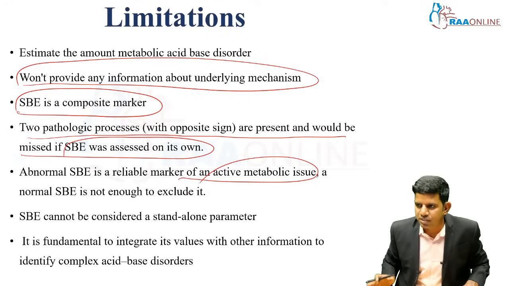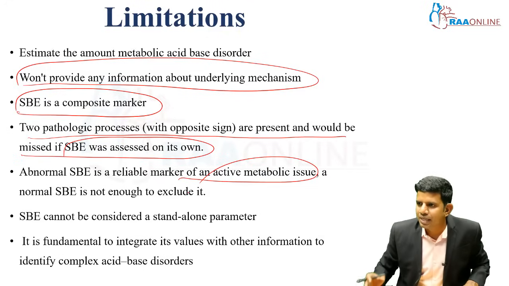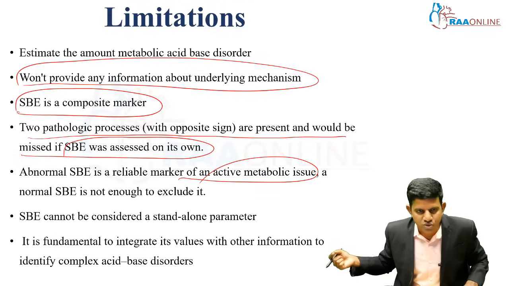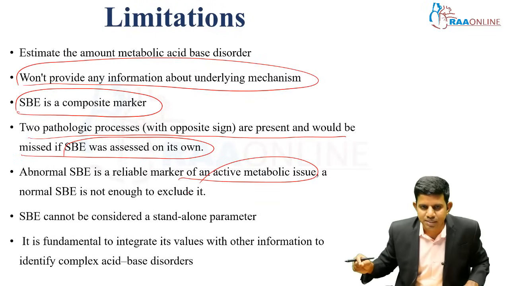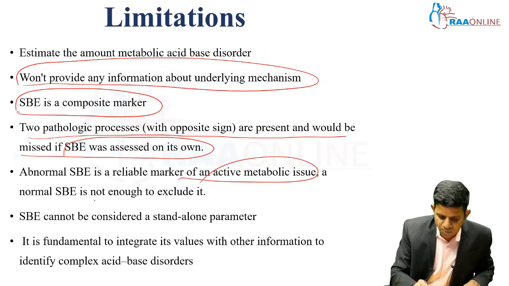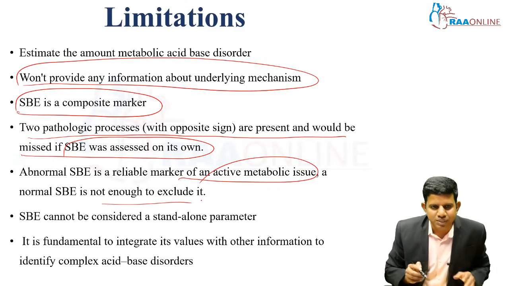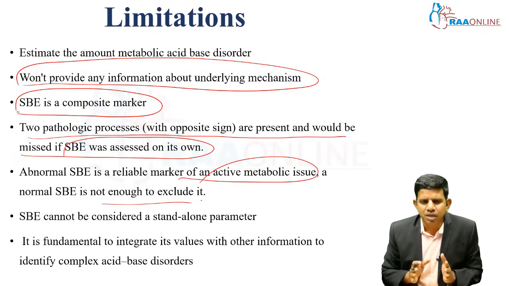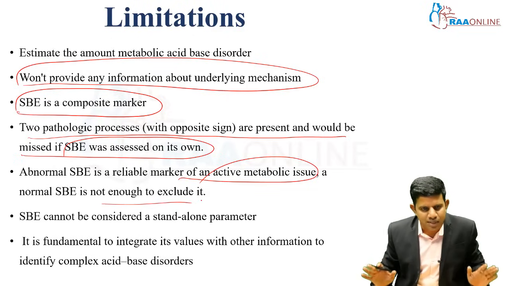I already told you, a DKA patient with severe vomiting might have a normal standard base excess, but that doesn't mean the patient doesn't have an acid-base disorder. The normal base excess won't rule out acid-base disturbances. It's very important. So the standard base excess cannot be considered a standalone parameter. You cannot make decisions based only on the standard base excess.